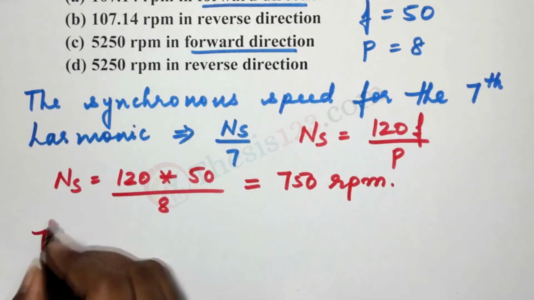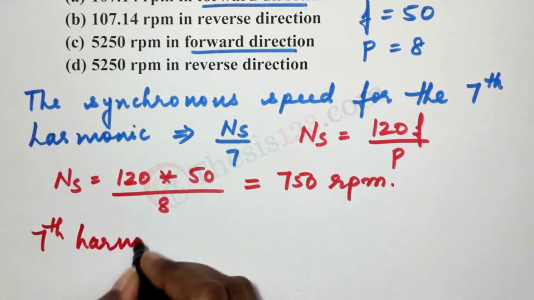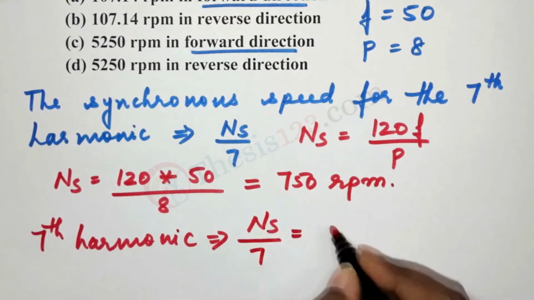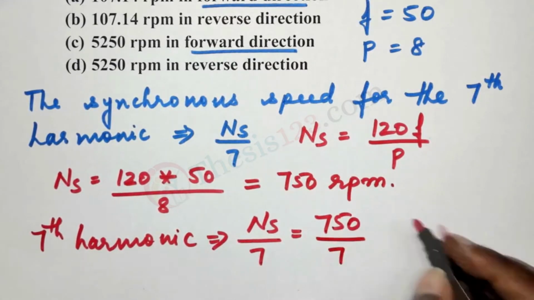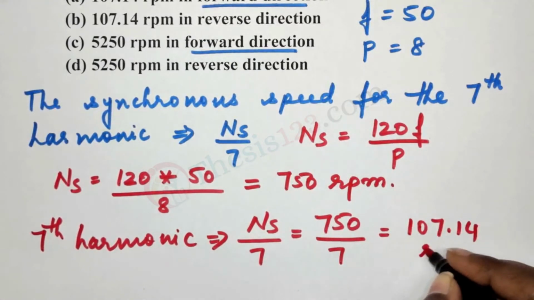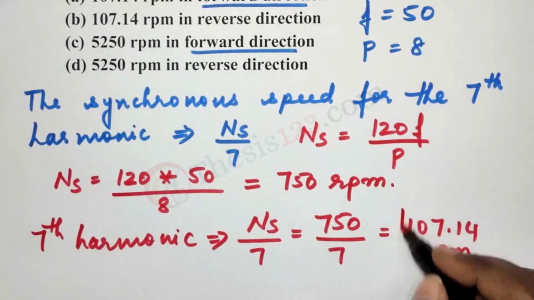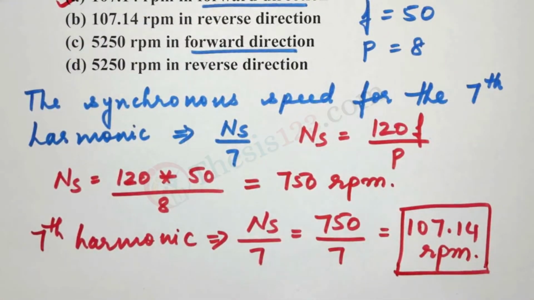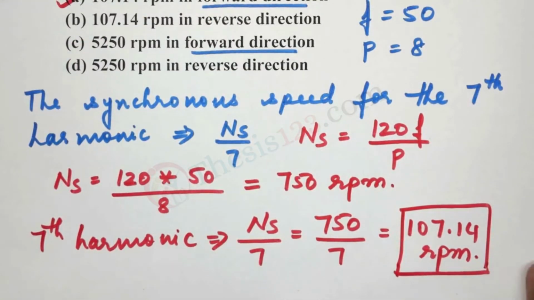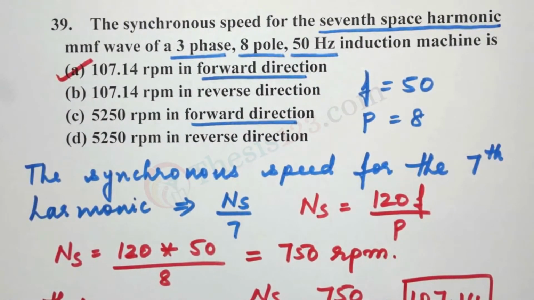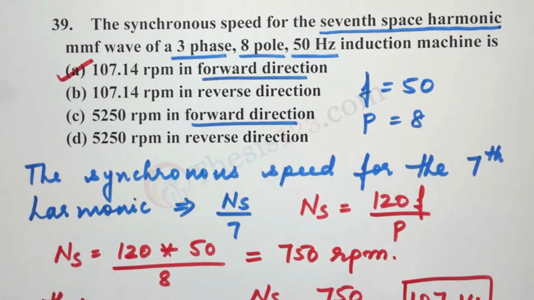So ns by 7 would be 750 divided by 7, which gives us a value of 107.14 rpm. So this is our answer, and this matches with option A. Remember that it is going to be in forward direction. So our final answer is A, 107.14 rpm in forward direction.